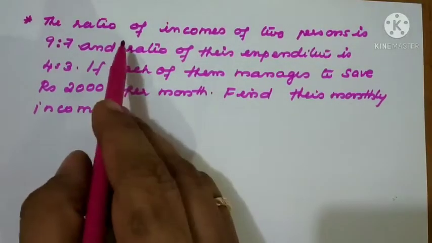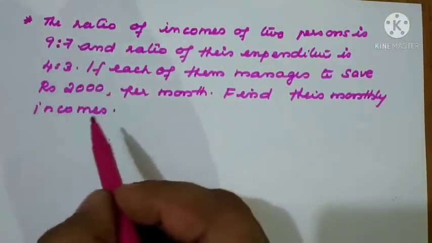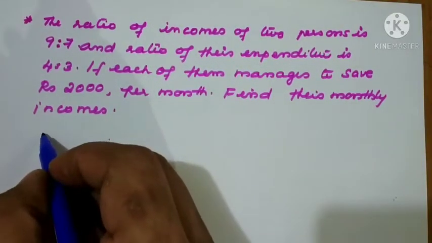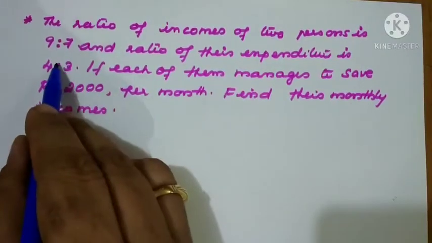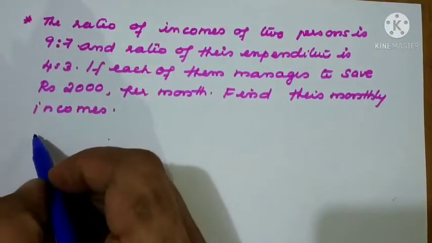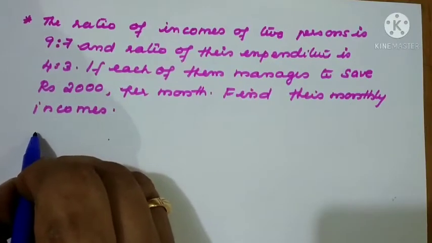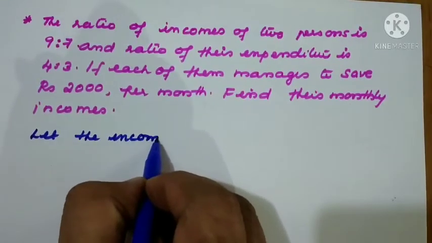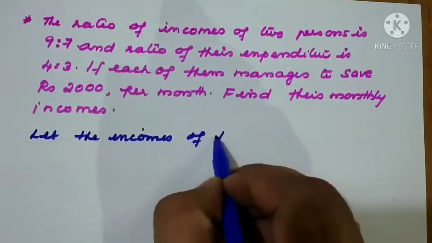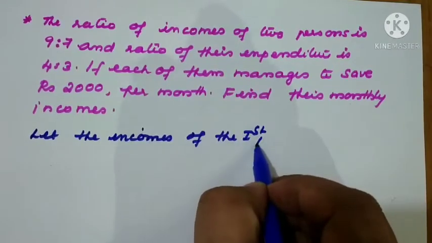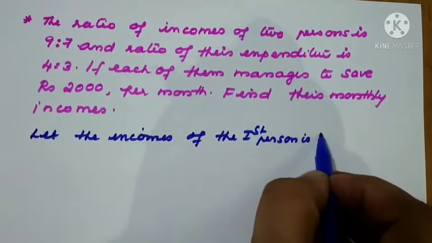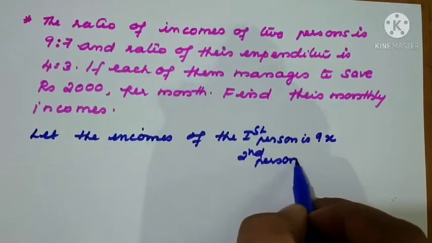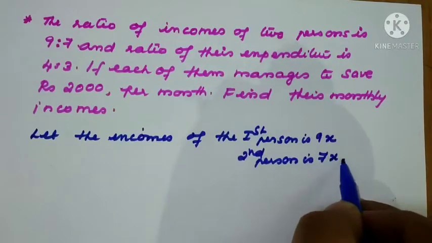So let me take that the ratio of the income is 9:7, right? So we will write that let the incomes of the persons be 9x and 7x. I'll write, let the income of the first person be 9x, whereas the second person is 7x.